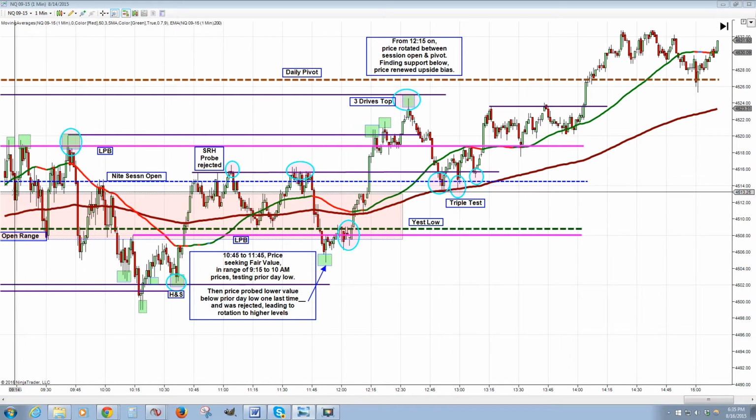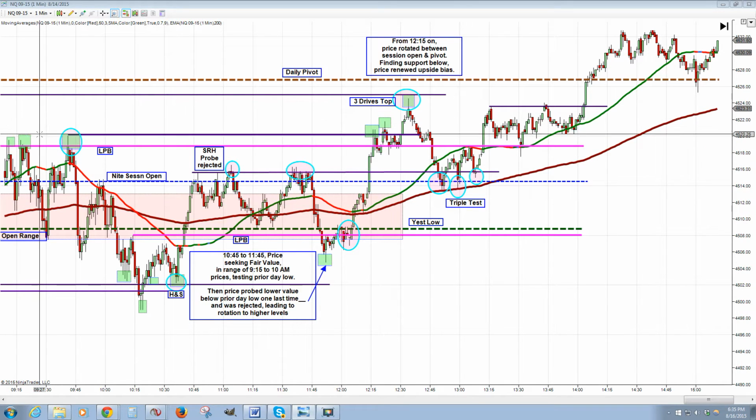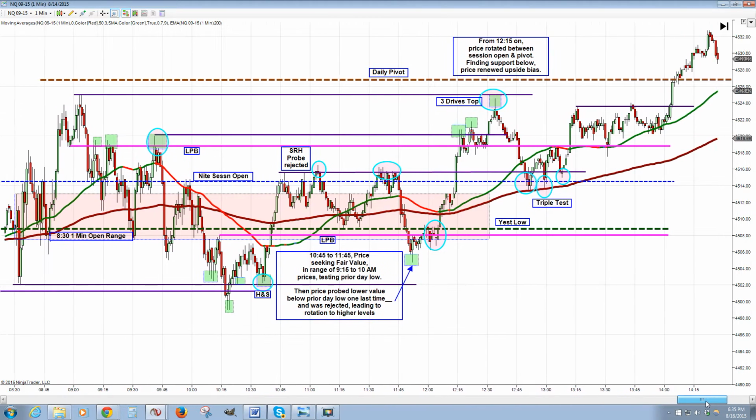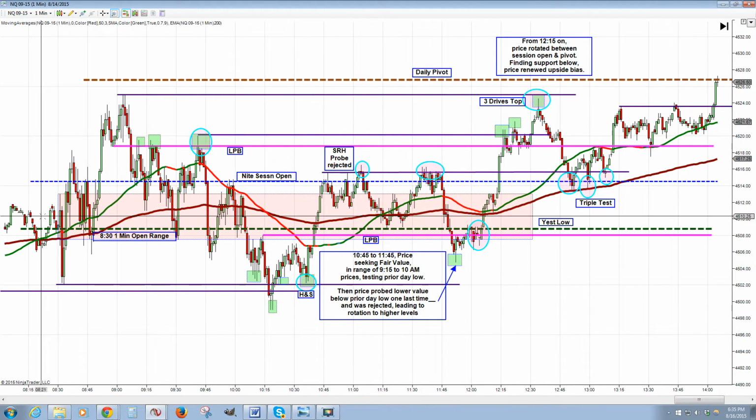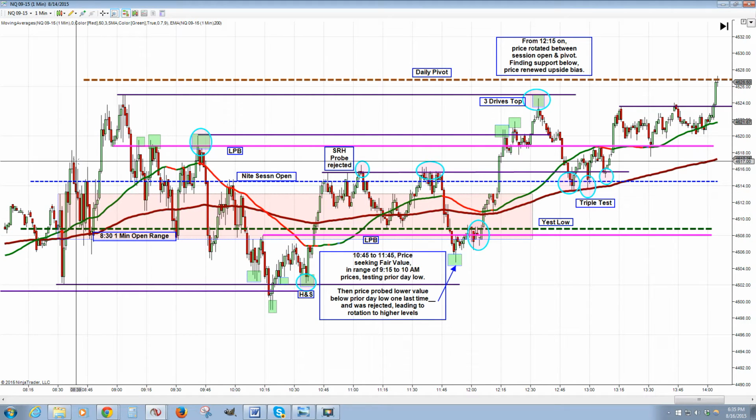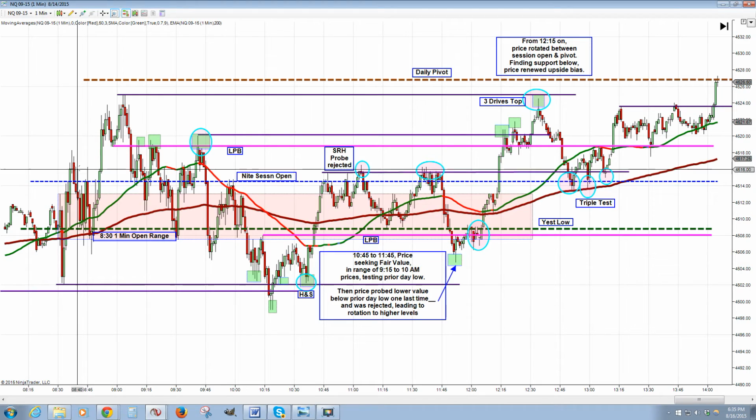So this is what we have coming in, and I'm considering the start of the day around 8:30 Central Time. That's in Chicago. They ring a bell, and you'll always see some volume spike of some degree.